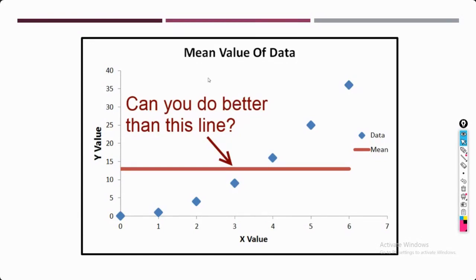Now in the case of a regression model, what we are thinking is, can we do better than this? That means, can I draw a line which represents the data better compared to your mean? Suppose this is the line which is representing your original data, and that is your mean.